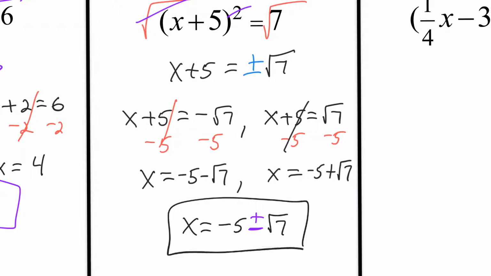So this is a very common way to write our exact answer in radical form. You have negative 5 plus or minus the square root of 7. So those are my answers. We have two because we do have two answers, plus and minus, but in radical form.